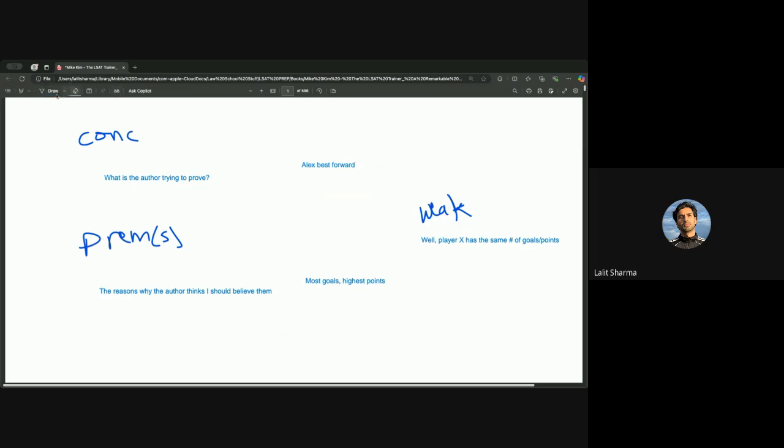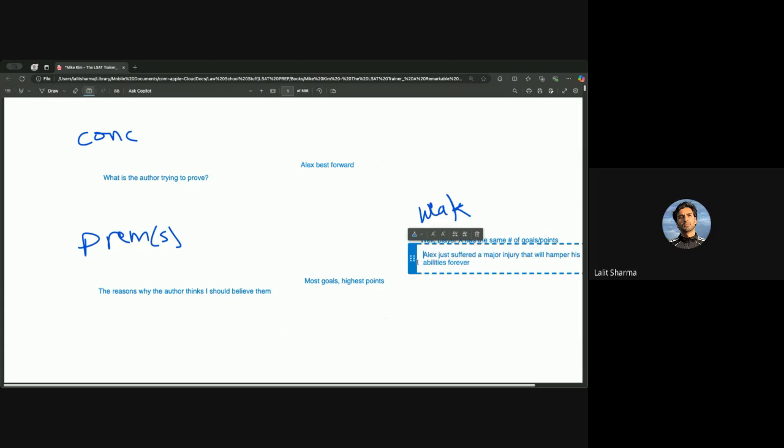So another way to weaken could be something like Alex is retired. Well, he can't be the best anymore if he's retired. Maybe he was the best. Or Alex just suffered a major injury that will hamper his abilities forever, let's say.